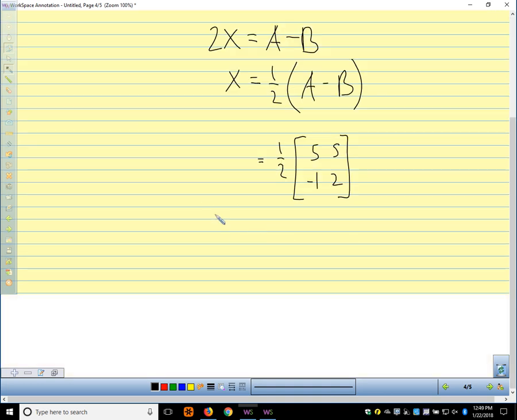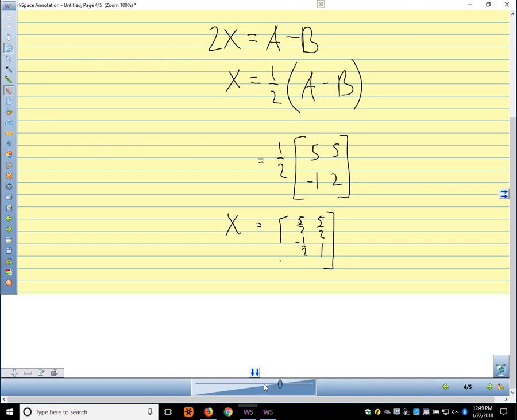We could also divide everything by 2. So my matrix X is the matrix 5/2, 5/2, -1/2, 1. And that would be the solution to that equation. So it's kind of like solving 4 equations at once.